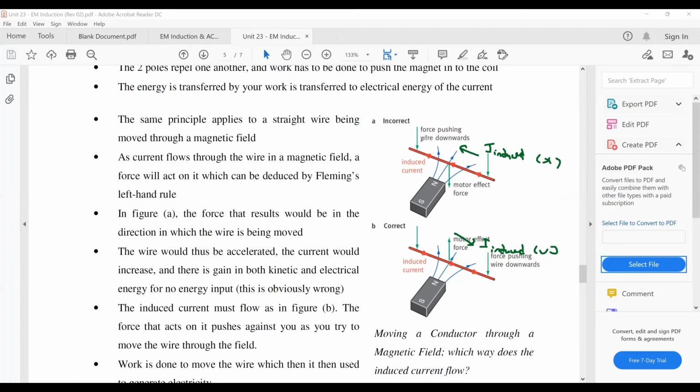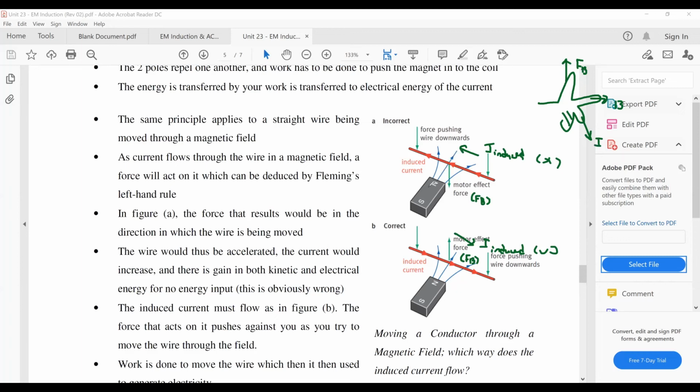So say for example, right now, when you go and push your wire down, you have induced current flowing in this direction. You can try to predict what is the magnetic force that is produced inside your wire. Okay. What do I mean by that is, you remember your Fleming's left hand rule, which tells you this is magnetic force, this is flux, magnetic field, this is current.